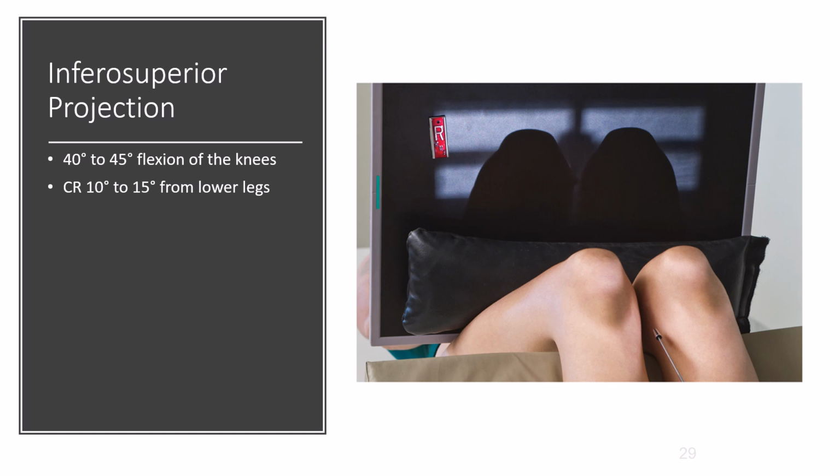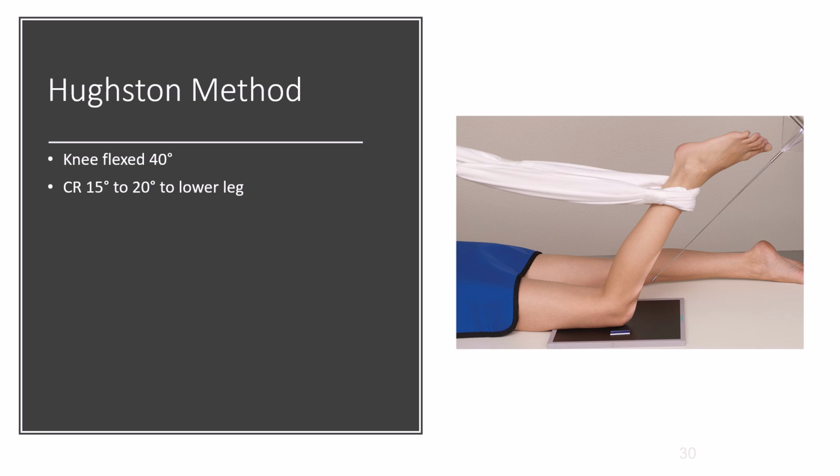So this is the infrasuperior axial on 260, and then also on 260 they show you the Houston method, where the knee is flexed approximately 40 degrees and the central ray is 15 to 20 degrees to the lower leg. Okay.